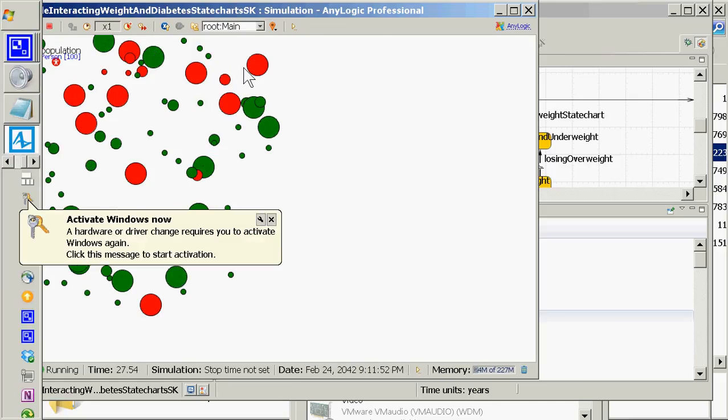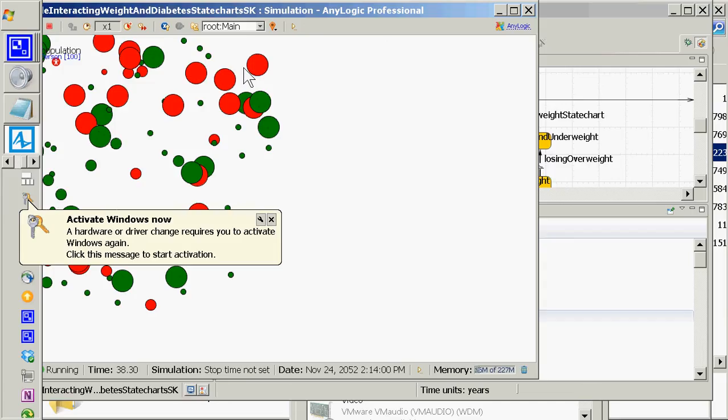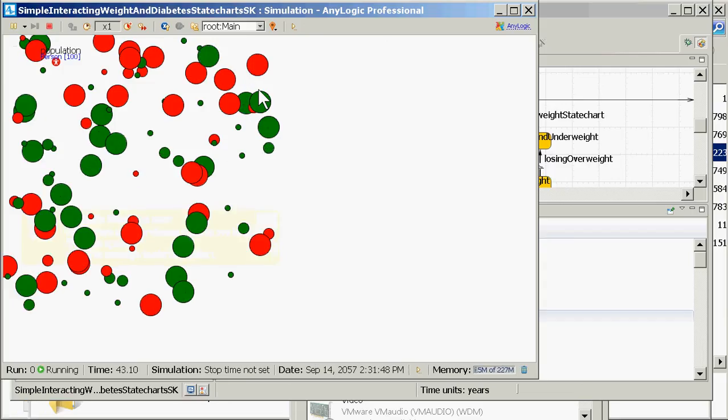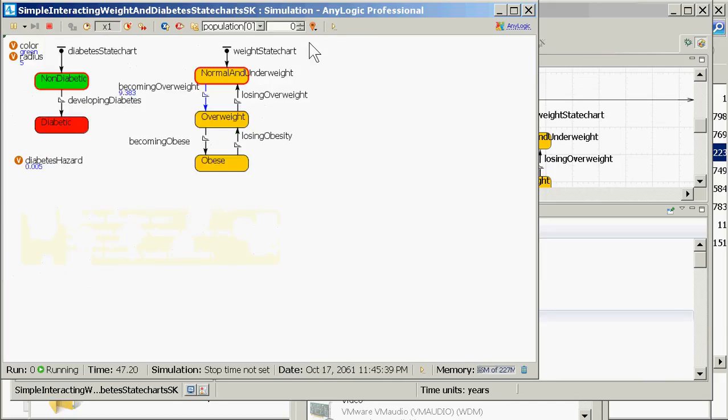Yeah, a lot more of the bigger circles are turning red. Why is that? Because they have a higher chance per year of developing diabetes. So what we see is a population that over time is developing obesity. Those that are obese, if we go down and we look at this, someone like this is more likely to be diabetic than someone who's not.